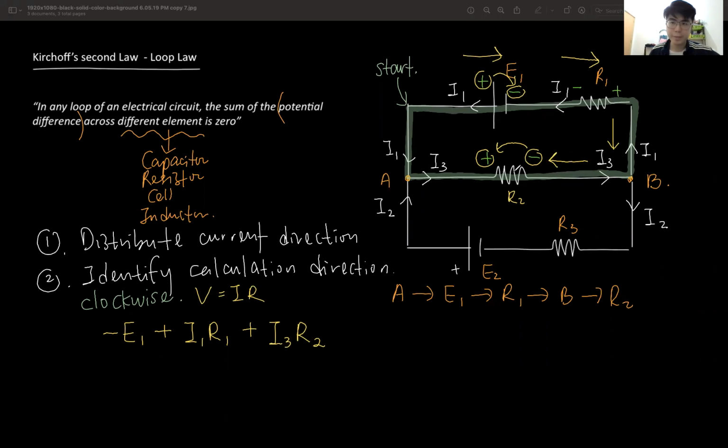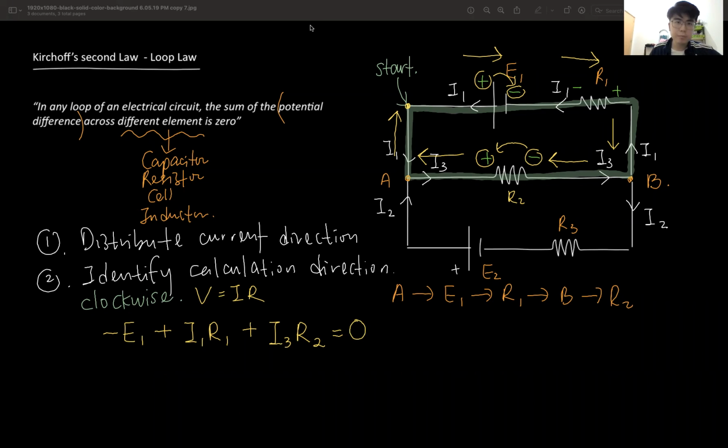Okay, and then continue to go. There's no component here, and we come back to our starting point. Then we finish our direction. We finish our loop, then I will write this equals to 0.